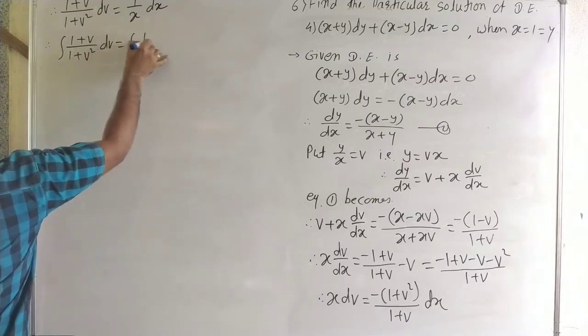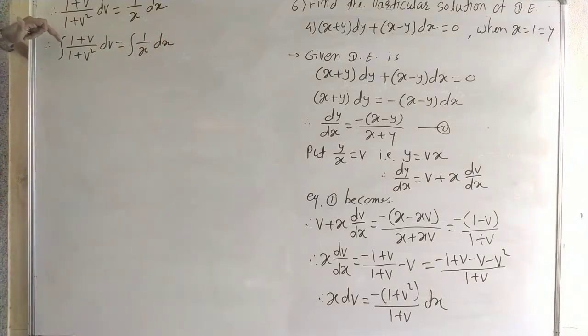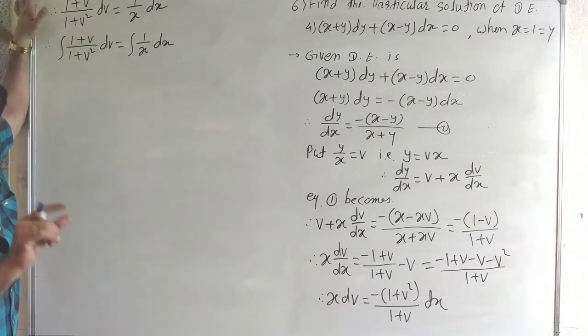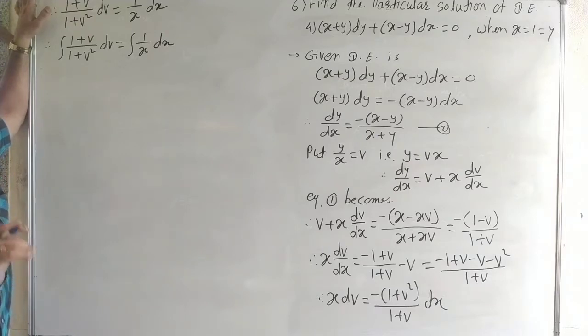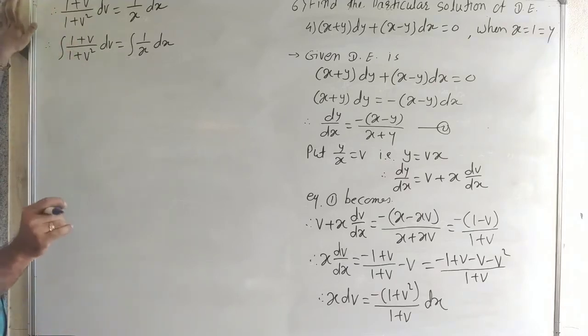Is equal to integral of 1 by x dx. Now here it is a linear function upon the quadratic function, and we know how to find the integral of the linear function upon the quadratic function. We adjust the derivative of the quadratic function in the linear function, and here the derivative of this quadratic function, that is 1 plus v square, the derivative of 1 plus v square is 2v.